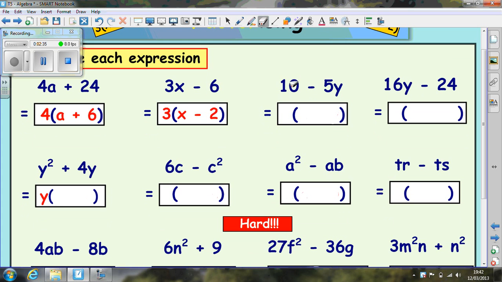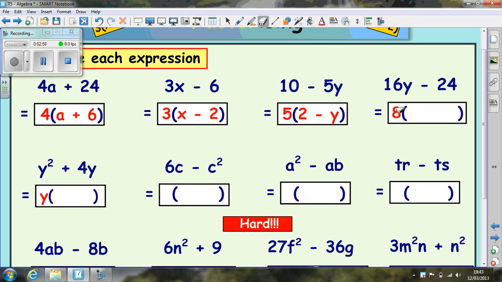Okay, we have to think of the biggest number that goes into 10 and 5. That's 5. Now the numbers first this time, so we think 5 times what makes 10, that should be a 2. Put your takeaway in, and 5 times what makes 5y, well that's a y. Okay, the biggest number that goes into 16 and 24, well that's 8.